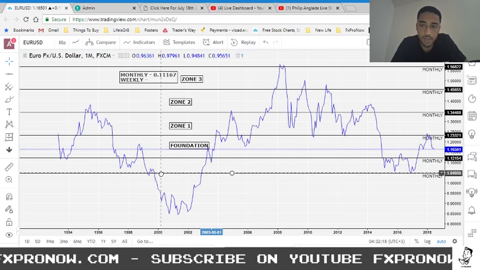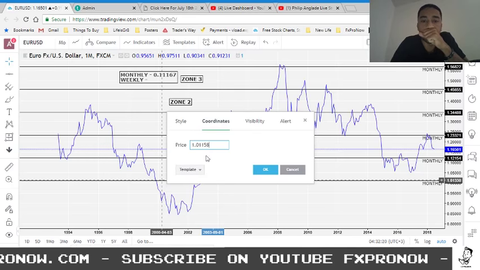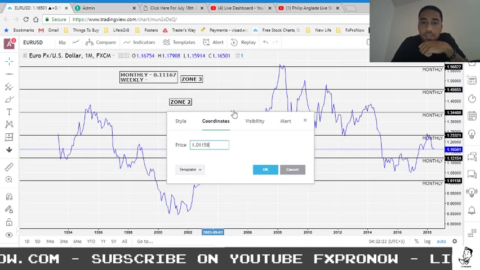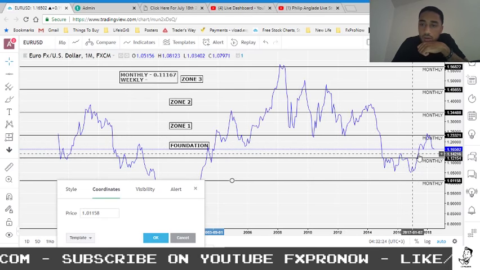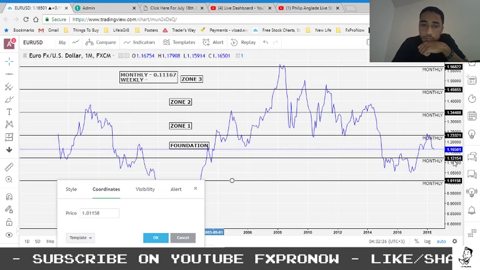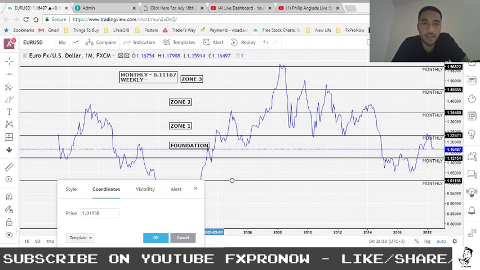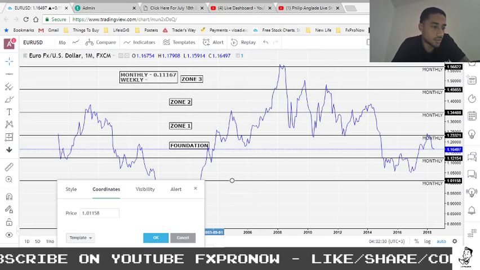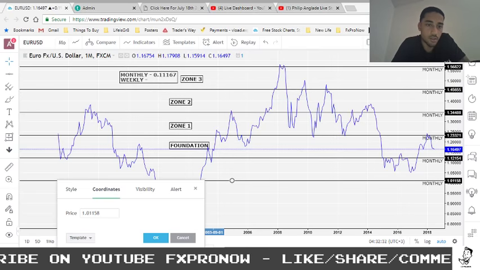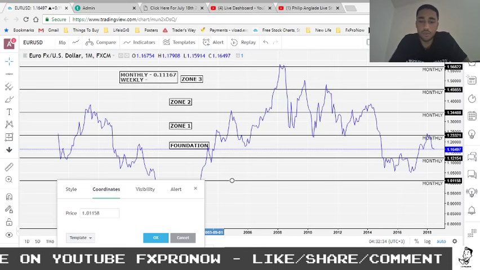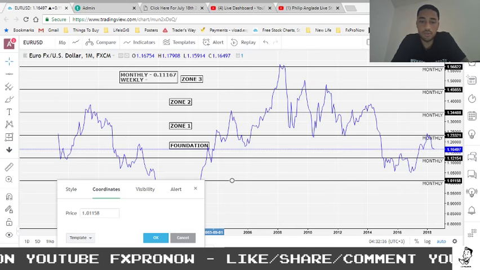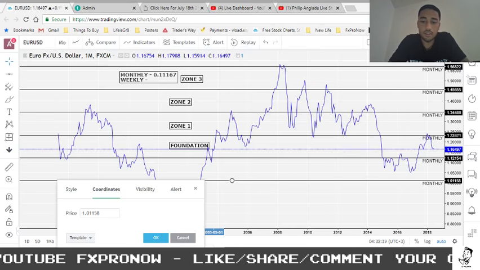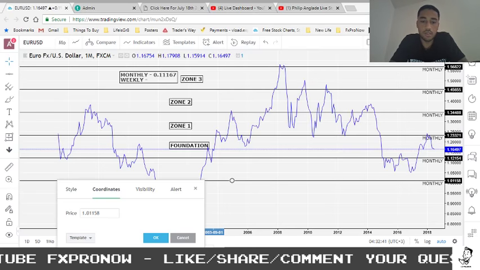Most likely a weekly is going to pop up right there. So I'm going to go to that foundation number that we came up with in the beginning, and I'm going to subtract that monthly. 1.12154 minus 0.117.